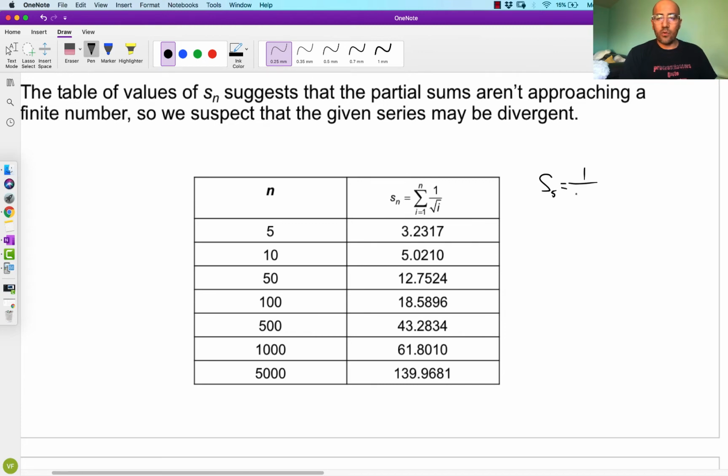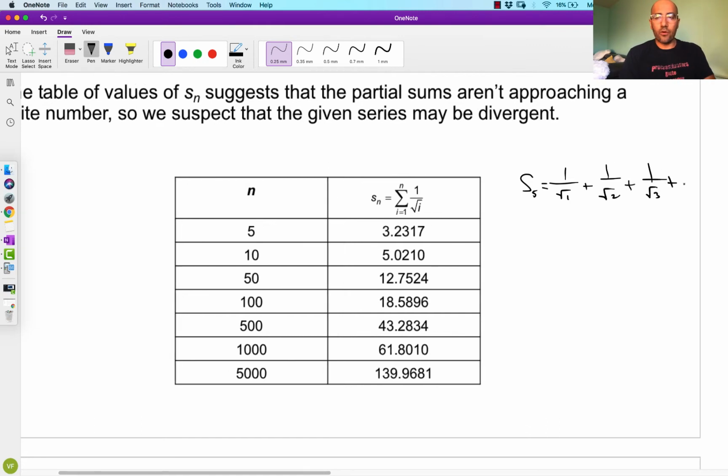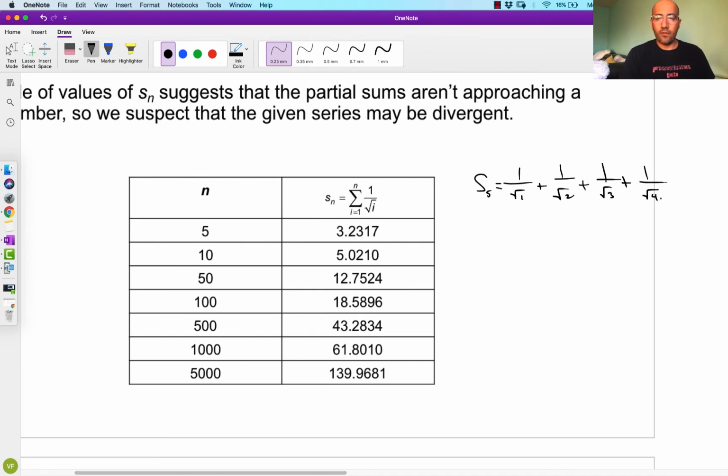So that would be equal to 1 over root 1 plus 1 over root 2 plus 1 over root 3 plus 1 over root 4 plus 1 over root 5. Okay, just calculating all that out using technology, that's what this number is. And then S sub 10, well, that's going to be the same thing, but going out to 10 terms. 1 over root 1 plus 1 over root 2 plus dot, dot, dot, and stopping at 1 over root 10. So using technology, we can see that that equals this.